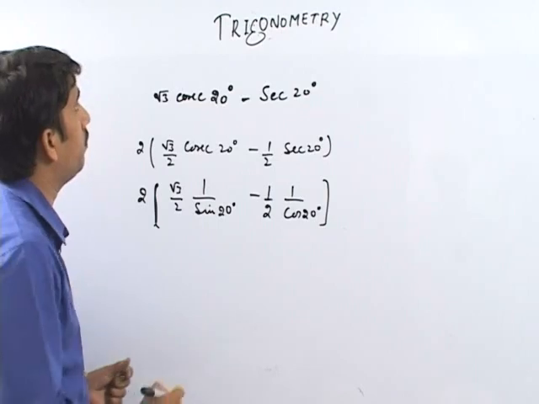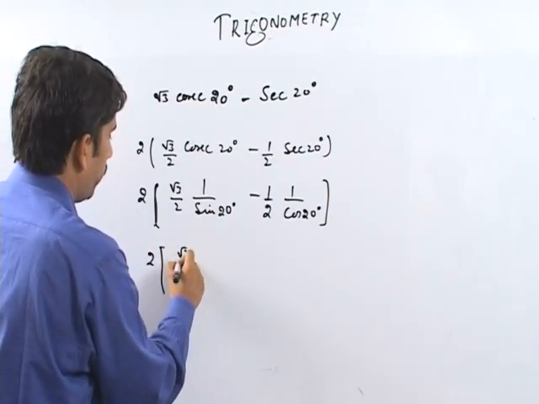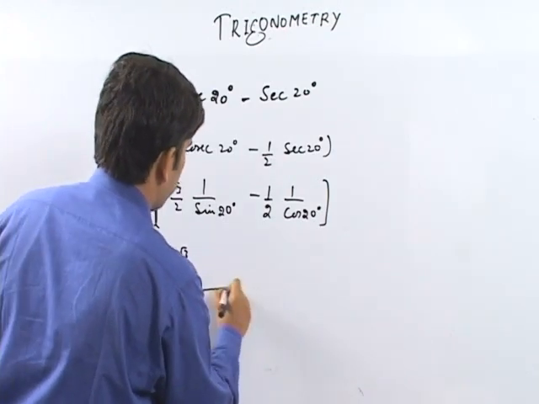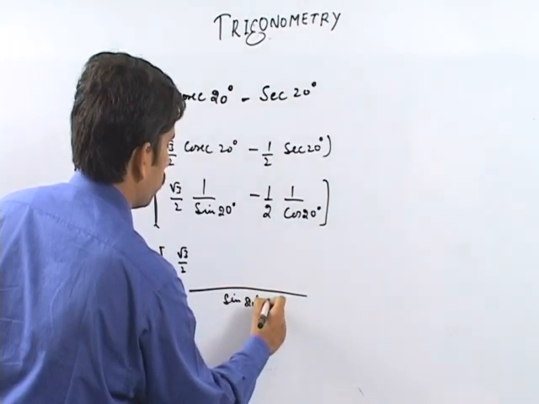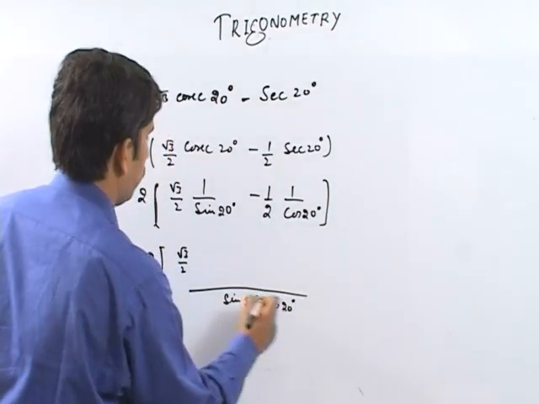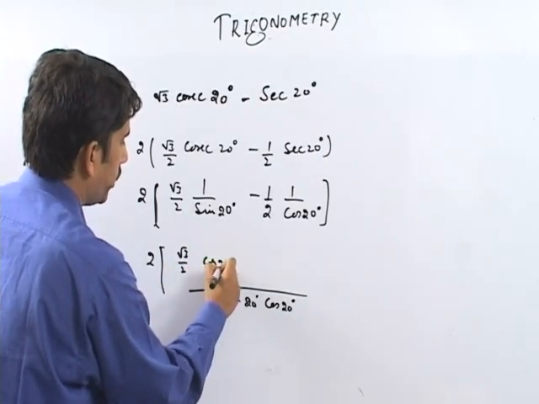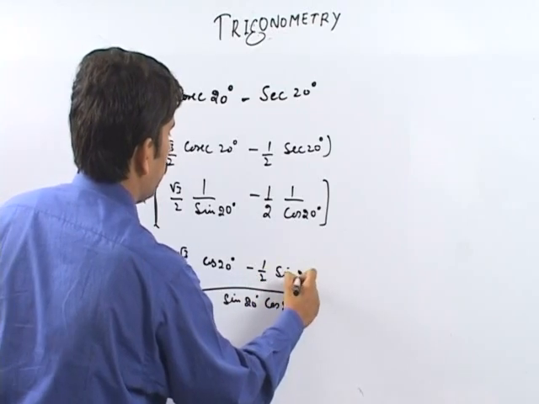Now take the LCM, you will get 2 times root 3 by 2 cos 20 degree minus 1 by 2 into sin of 20 degree, over sin 20 degree cos 20 degree.